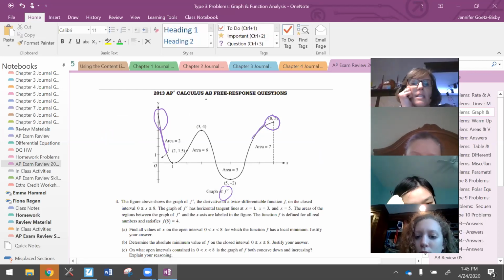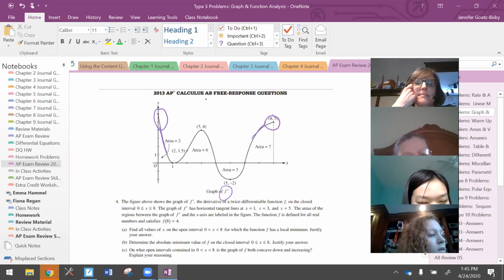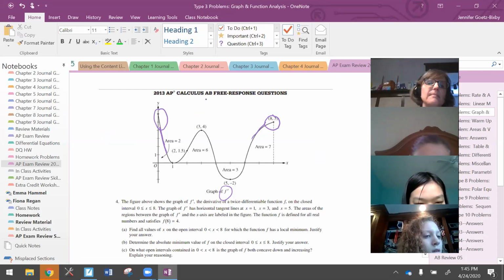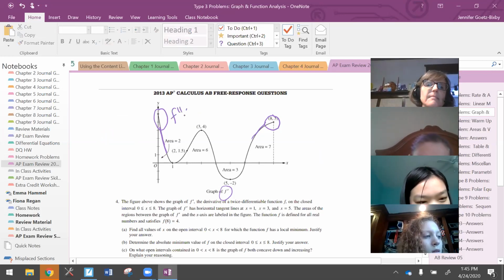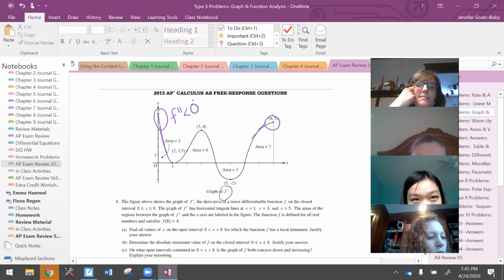Okay, so what is this telling me here? Helen, why don't you try explaining again? I think that your f double prime actually works because x equals 0 is concave down, right? Mm-hmm. So it goes up first and then goes down.